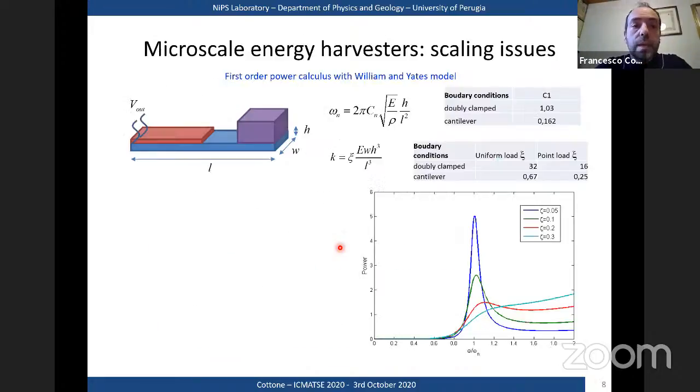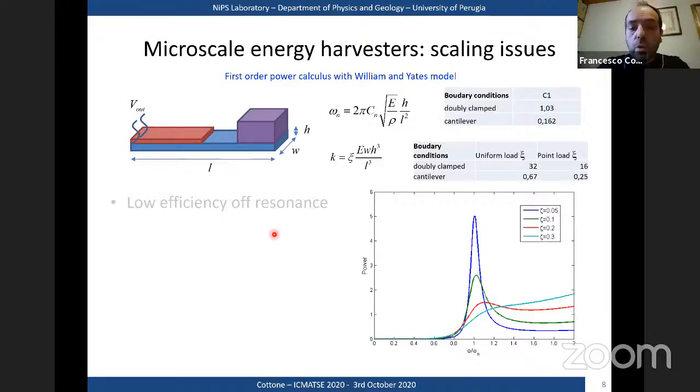As I was saying, one of the big issues is scaling. By reducing the size of a vibration energy harvester, we increase its natural vibration frequency. At the same time, we reduce the power, and we also reduce the seismic mass. So the natural frequency becomes very high, and there is a mismatch between the natural frequency of the harvester and the ambient frequencies of the source.